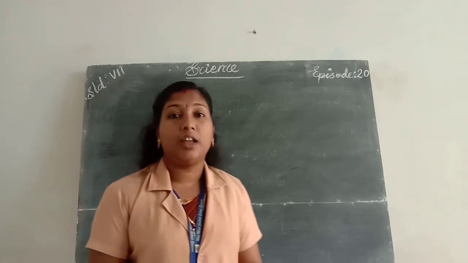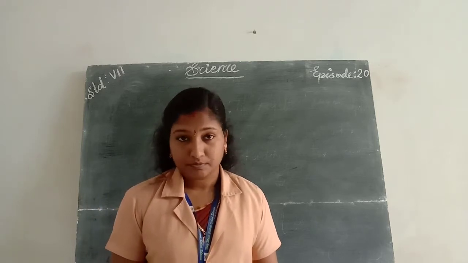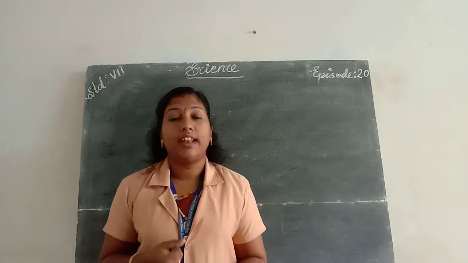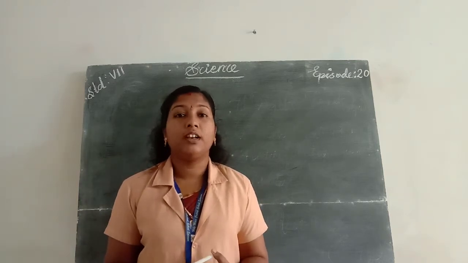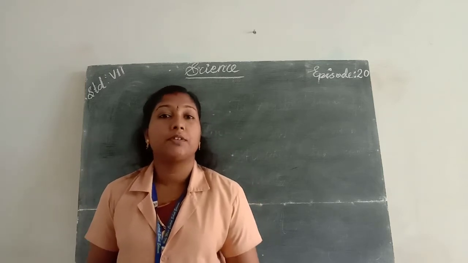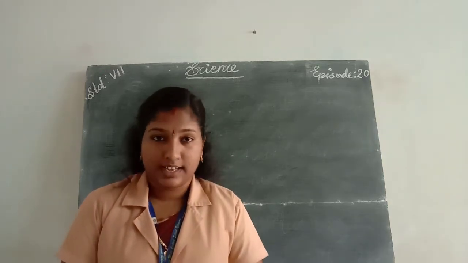Then we learn in more detail about litmus. Litmus is a natural indicator. From where do we get litmus? From lichens. The litmus is extracted from the lichens.